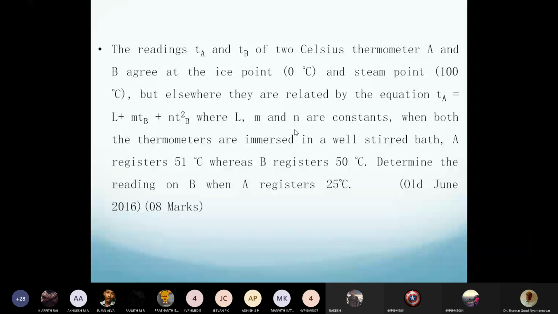Multiply equation 3 by 2, and then subtract it from equation 2. If you do that, what happens? Left side will be 1 minus 102 by 50, equal to, 100n and 100n get cancelled. So you are left with m minus 2m, that will be minus m. Left side will be 1 minus 102 by 50 equal to minus m. If you simplify that, m will become 52 by 50. Can you get this value?